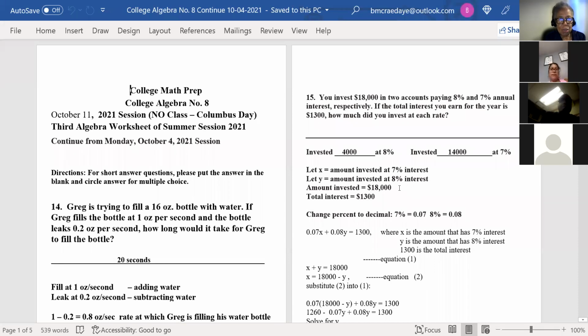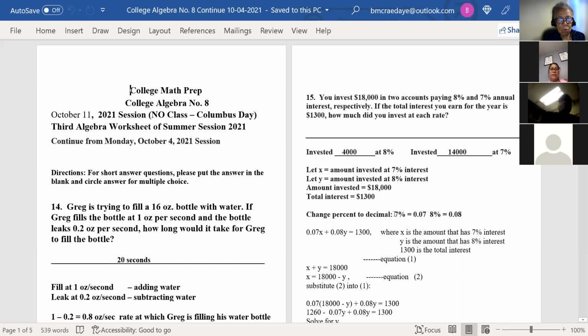That's right. The whole total he invested was 18,000 in these 2 accounts. How much interest did he earn? They said 1,300. That's the total interest he earned on that 18,000 in those 2 accounts.